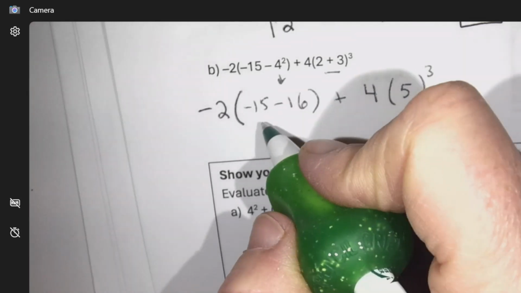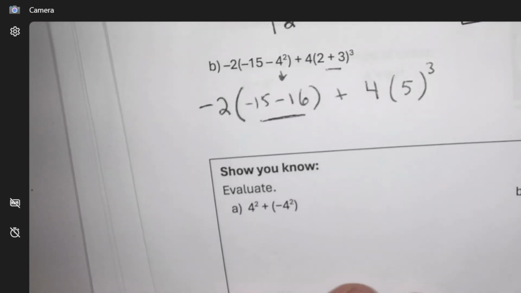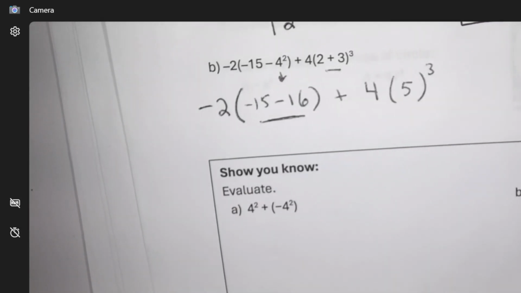Let's go to that bracket. What is minus 15 and then minus another 16? Think temperature: if I started at 0 and I dropped 15 and then I dropped 16 more, what am I at?